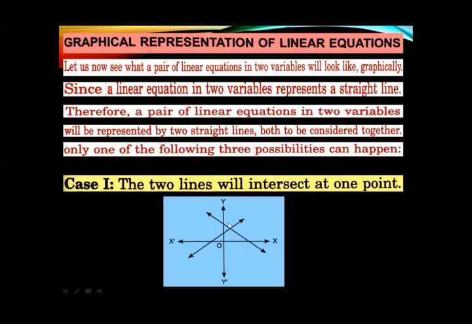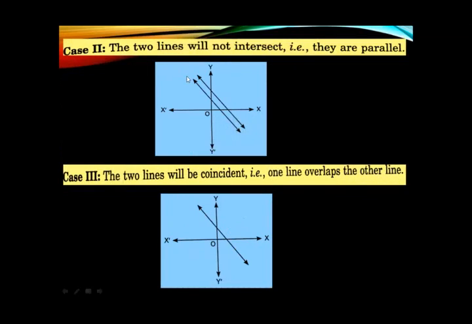Case number one: when we draw the two straight lines together in the same graph paper, this can be the case when the two straight lines intersect at one point. Then in that case, the intersection point will be the solution of the pair of linear equations. Case number two: when we draw two straight lines in the same graph paper, the two straight lines are parallel.